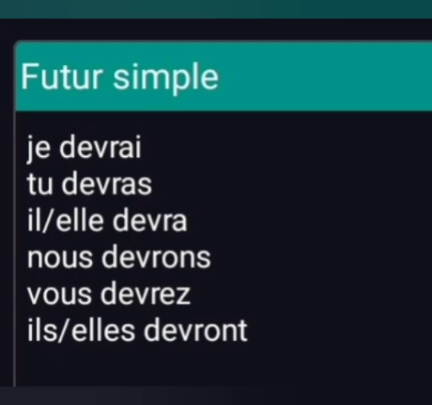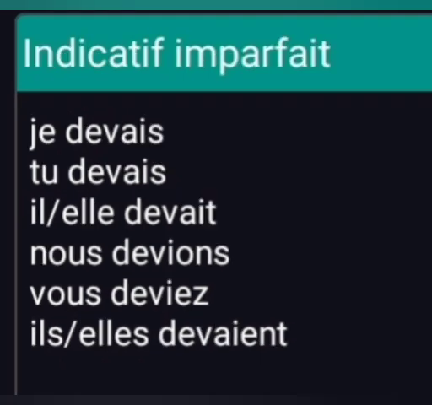Je devrai, tu devras, il devra, elle devra, nous devrons, vous devrez, ils ou elles devront. Okay, so now let's do it in the past tense. Passé, let's do imparfait first.